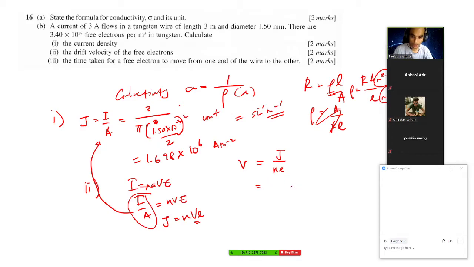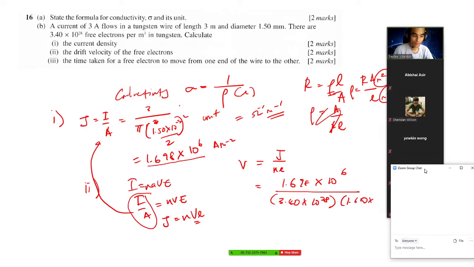We take 1.698 times 10 power of 6 divided by the number density of the tungsten, 3.4 times 10 power of 28, times 1.60 times 10 power of negative 19. So we have 3.121 times 10 power of negative 4 meter per second.